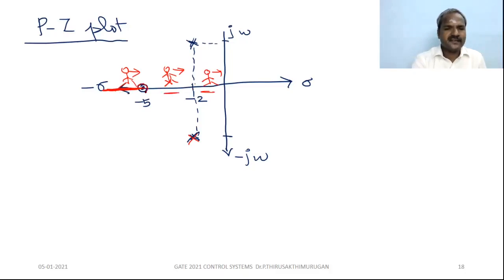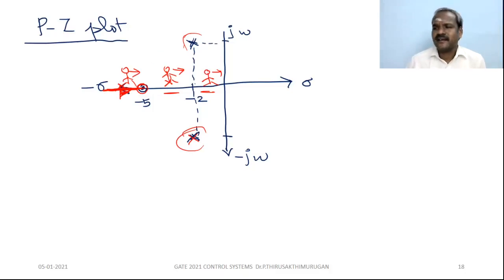Actually this is a zero. So among these two poles, any one branch will terminate at this zero, so the direction should be towards this. One branch will reach this zero, while the other goes far away.